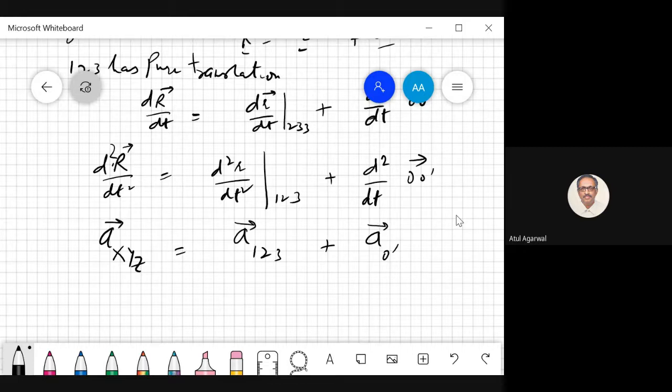Any doubt? If I multiply with the mass of the particle, that is what I get.